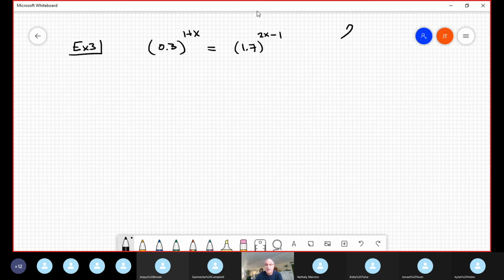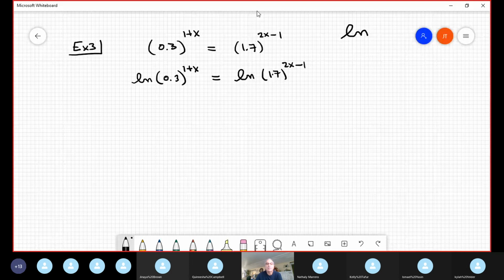Why not? I want to apply ln, which is perfectly effective. You apply ln: ln 0.3 to the 1 plus x equals ln 1.7 to the 2x minus 1. Now you apply property number 7. Fantastic.